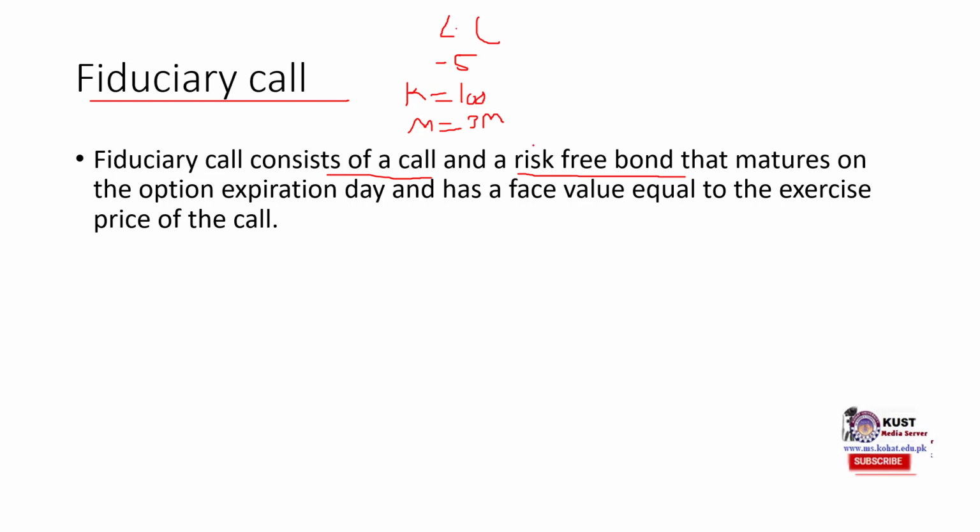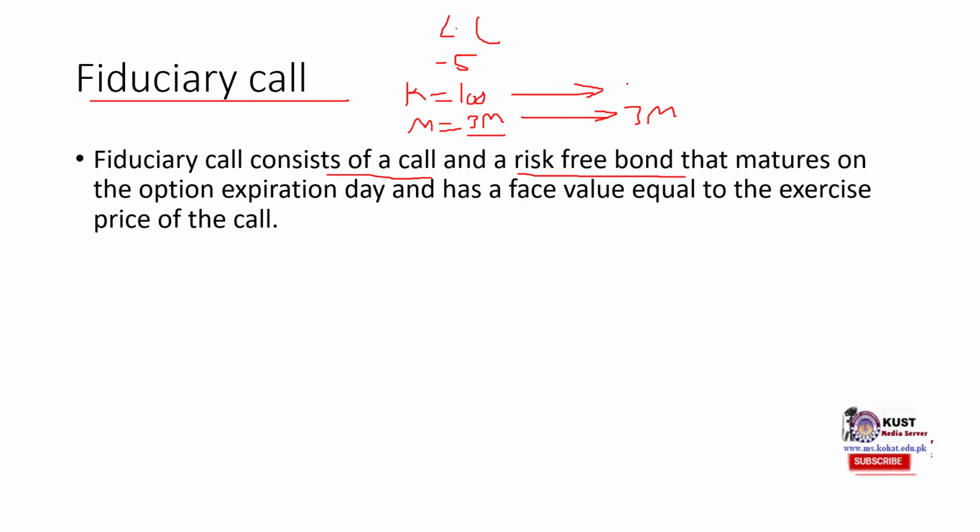These are the details. When you enter into a risk-free bond, the first thing is to have the same maturity. If this long call is going to mature in 3 months, then this risk-free bond should also mature in 3 months for this strategy to work.